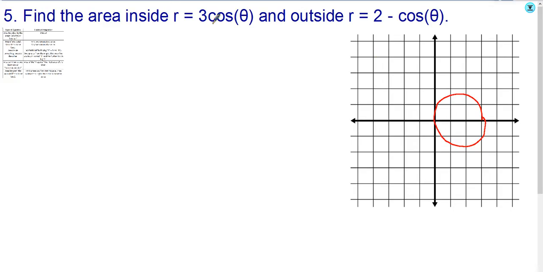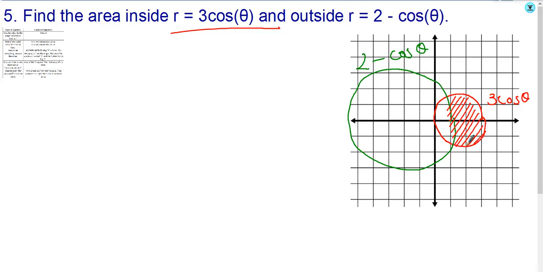So this is 3 cosine theta, and then the other one, 2 minus cosine theta, is going to look something like this. So we want inside r's, so this is 2 minus cosine theta, and this is 3 cosine theta. So I want the area inside the red but outside the green. So this is what I want.